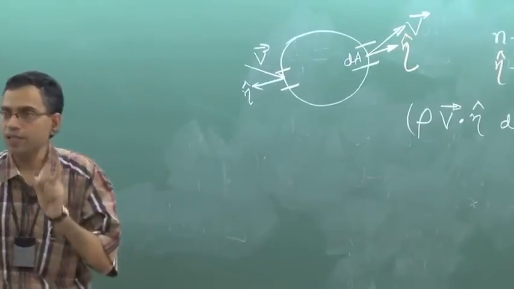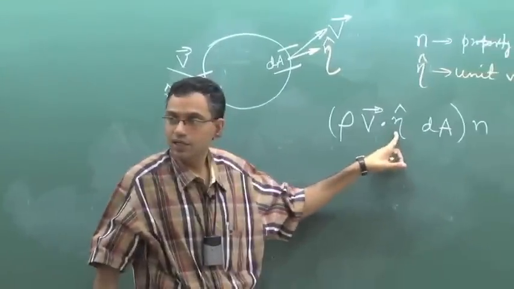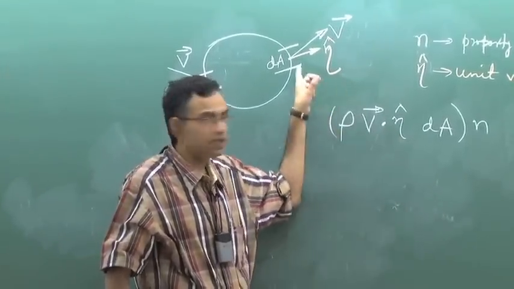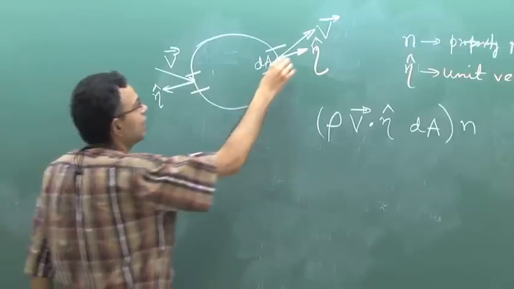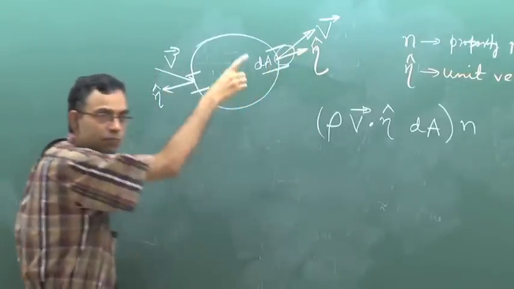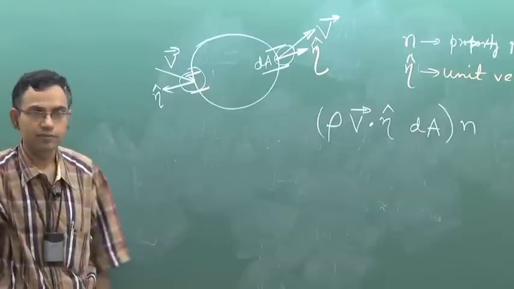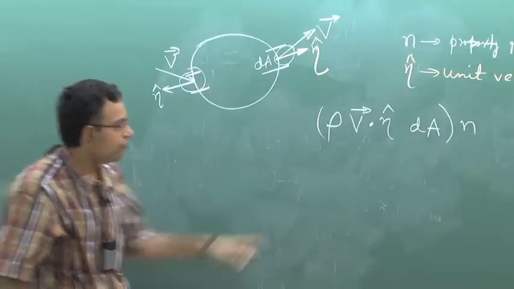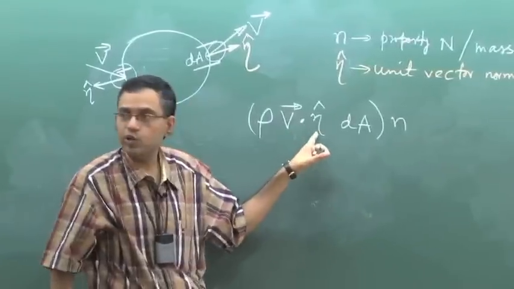The only difference is that when you calculate V dot eta, the dot product will be positive for outflow and negative for inflow. That you can see from this figure. The dot product of these two vectors is positive here, but the dot product of these two vectors is negative here. Right? So, if you write outflow minus inflow, you don't have to separately take two terms.